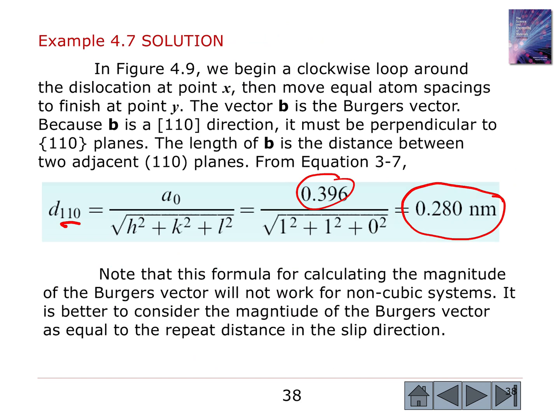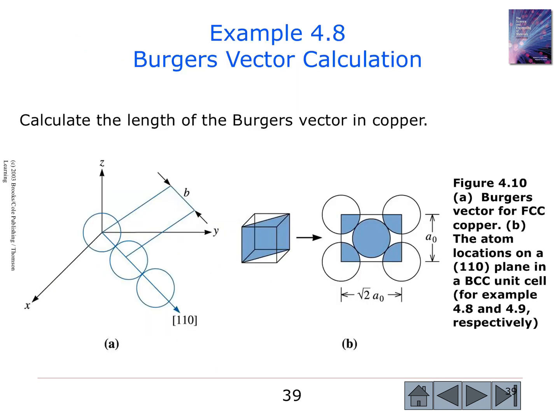So note that this formula for calculating the magnitude of the Burgers vector will not work for non-cubic systems. It is better to consider the magnitude of the Burgers vector as equal to the repeat distance in the slip direction. So here we are doing it for copper, so copper is FCC.